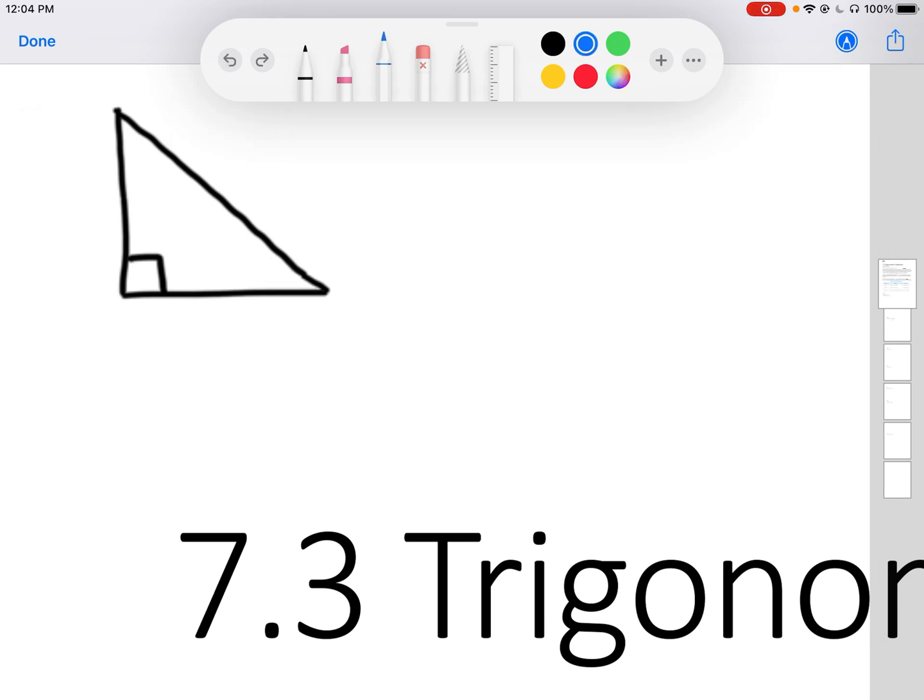So for this problem, let's go ahead and make theta this angle here. And let's say I give you something like sine of theta is equal to x over 3, and I ask you to find all the lengths, or label all lengths.